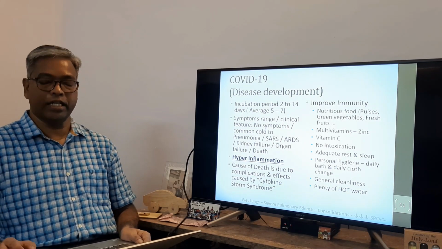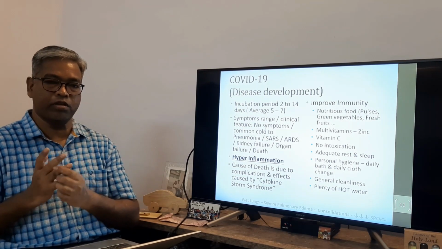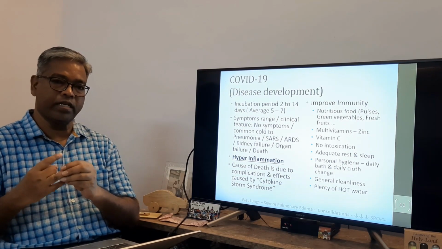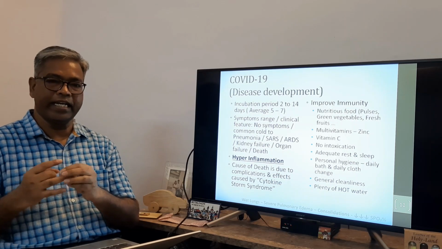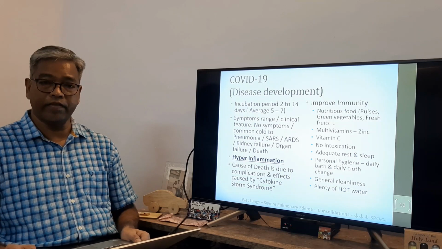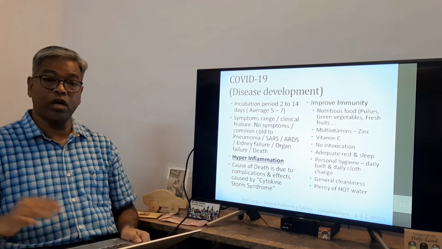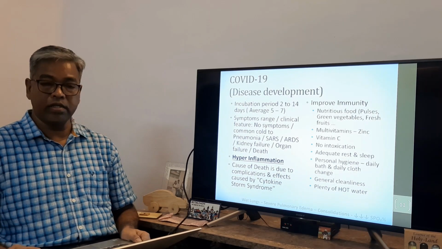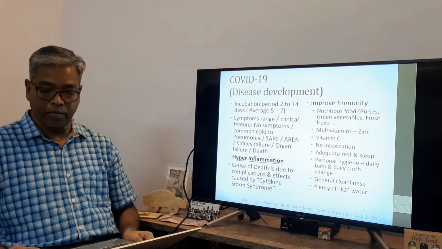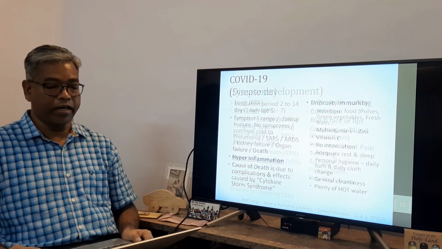And the oxygen saturation, which we measure with the pulse oximeter, actually has to be 100%, but normally 98, 99 is there in anybody and everybody unless they have any disease, and that goes down, and that is a very, very important marker to manage accordingly.